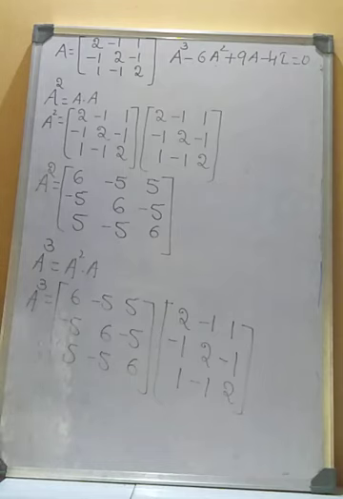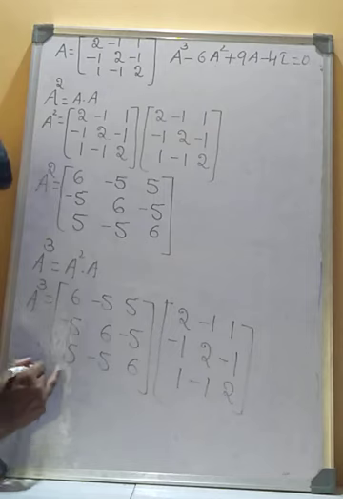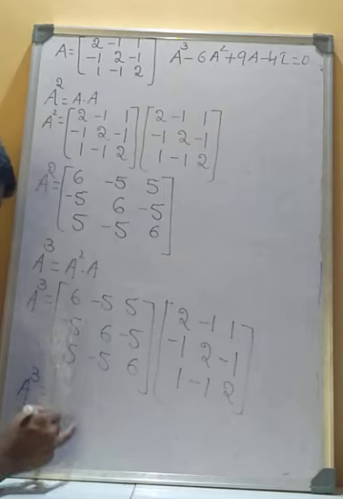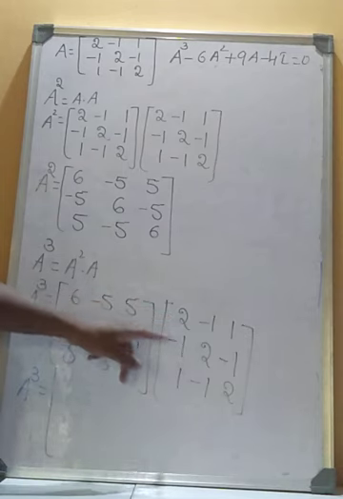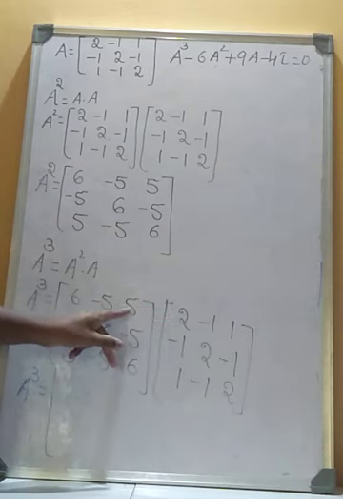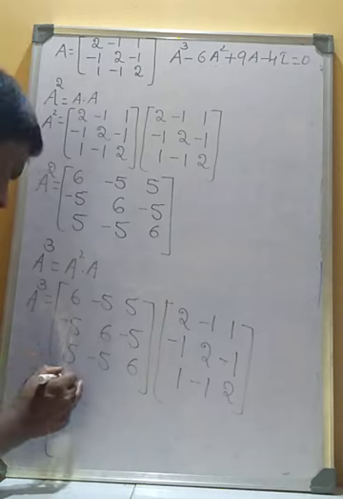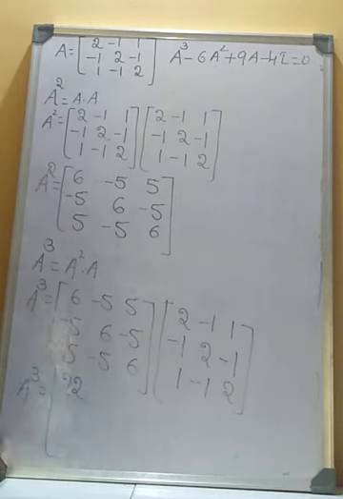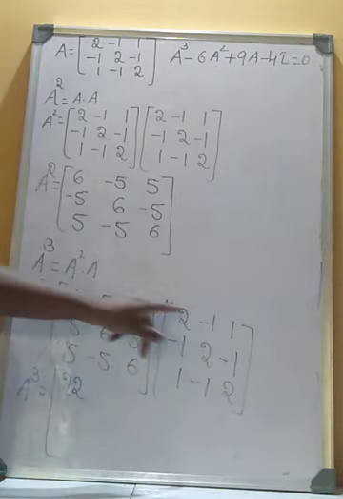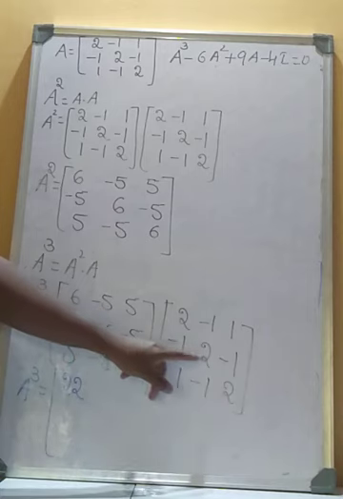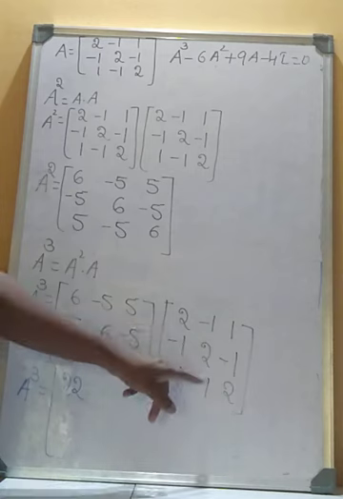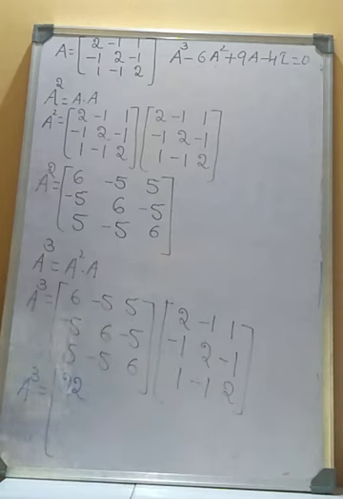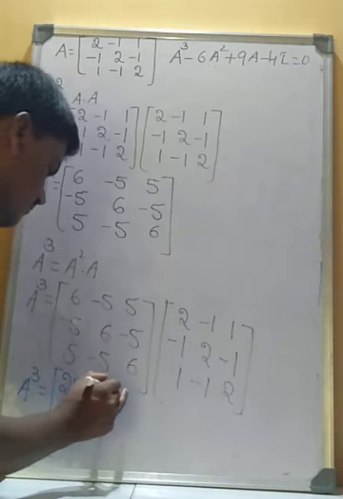So therefore A cube equals: 6 2s are 12 plus 5 is 17, 17 plus 5 is 22, minus 6 minus 10 is minus 16, minus 16 minus 5 is minus 21.